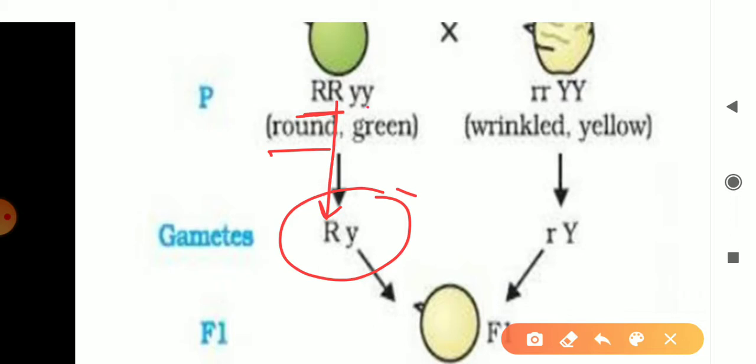The chromosome number, as you've learned in the previous chapter, becomes half when gametes are formed. So of the pair, only one goes into the gamete, and for the color, that is green, only one factor will move into the gamete.